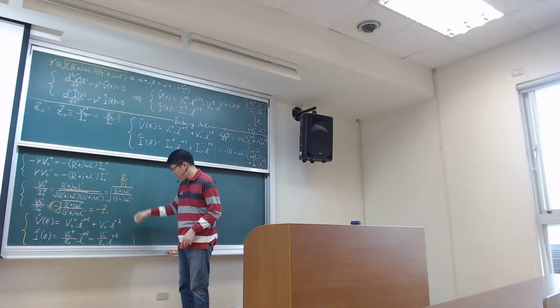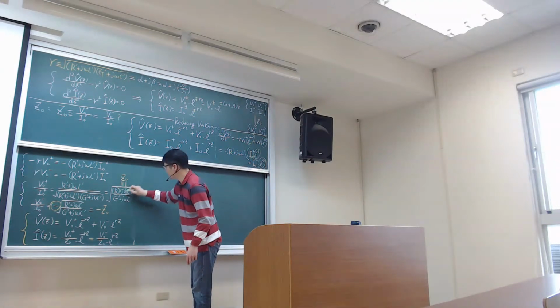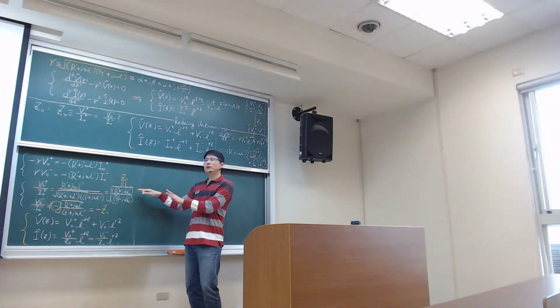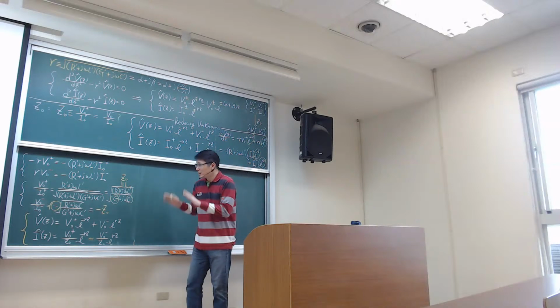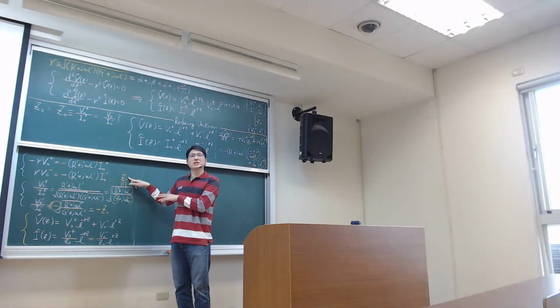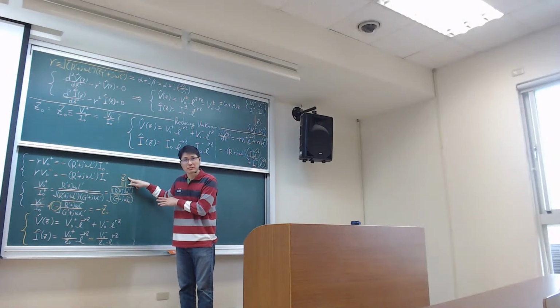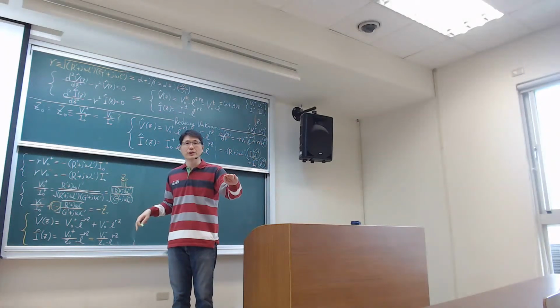So after you know all these four parameters, you know gamma. You know the complex propagation constant. And also, once you know these four parameters, you know the characteristic impedance.